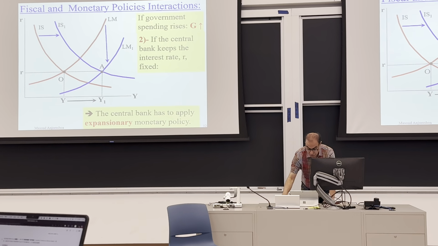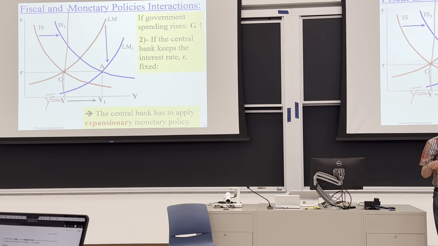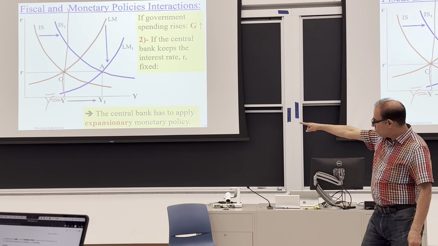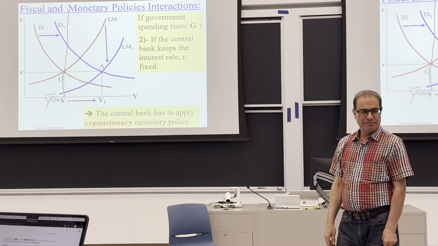Why? Suppose, you see here, point O is the long run equilibrium. Long run equilibrium means output is Y bar. In the initial equilibrium, suppose the economy is already at full employment.